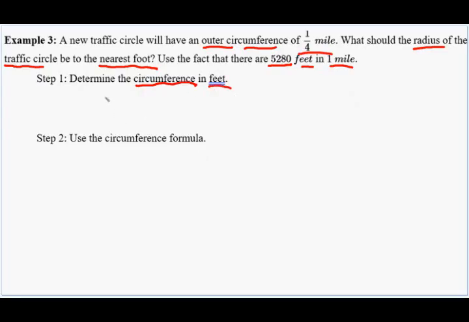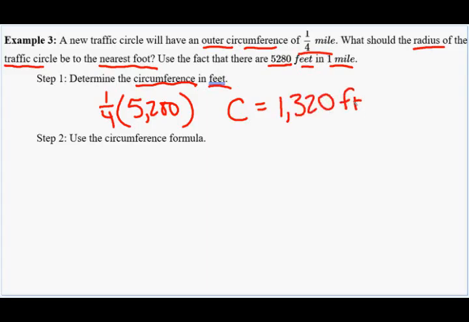Well, the circumference is 1/4 of a mile, and a mile is 5,280 feet. So we're going to divide 5,280 by 4. And that is going to give us 1,320 feet. Circumference is 1,320 feet.